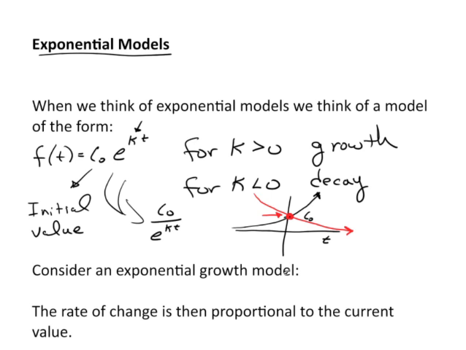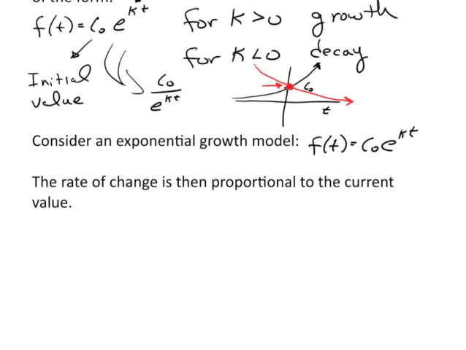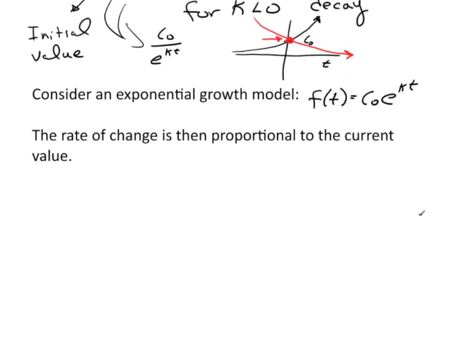Now, consider an exponential growth model that has this form. F of t equals some initial value c naught times e to the kt. And what I want to do is take a look at a couple of the properties here that we see with exponential models. First of all, the rate of change is proportional to the current value.